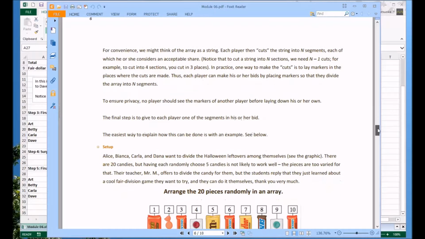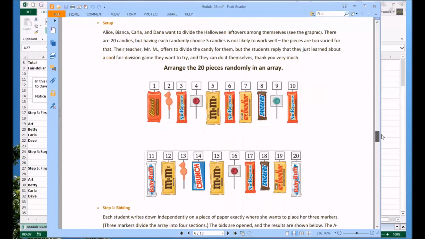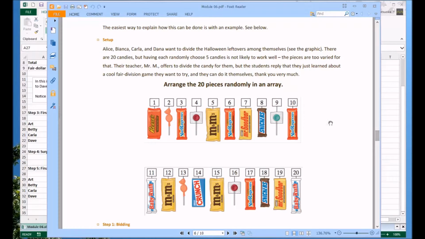So let's look at this with an example. Alice, Bianca, Carla, and Dave want to share Halloween leftovers. So there are 20 candies. We want to be sure that each person gets a fair share. So how do we do that?